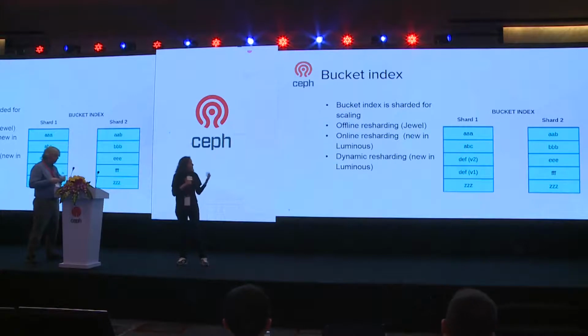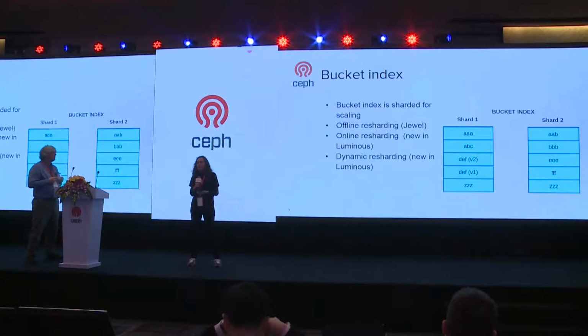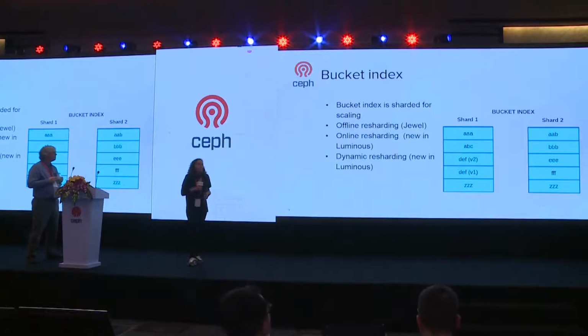So Yahoo helped us and added bucket index sharding. When you create a bucket, you can say how many shards you want for the bucket index, and it creates several OMAP Rados objects to handle the bucket index. But it was static. You don't always know how many shards you want in a bucket.